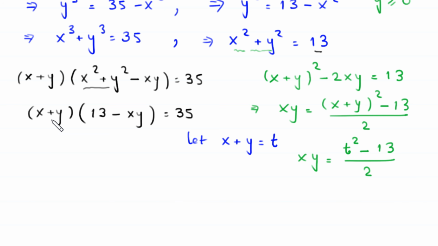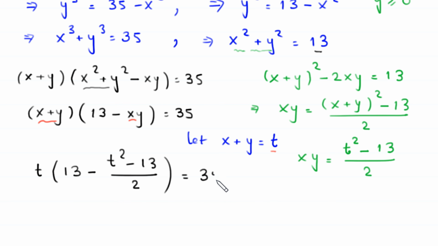Now in the equation, we replace x plus y with t and xy with this expression, so this becomes t times 13 minus t squared minus 13 divided by 2 equal to 35.